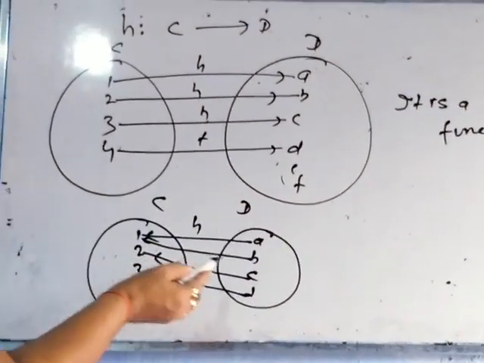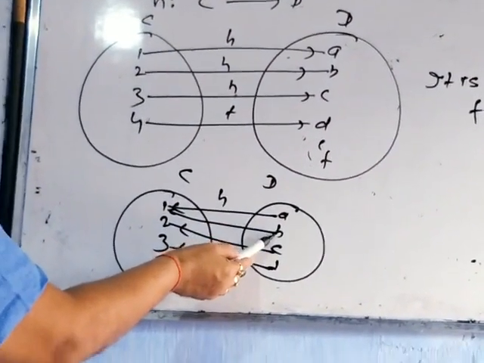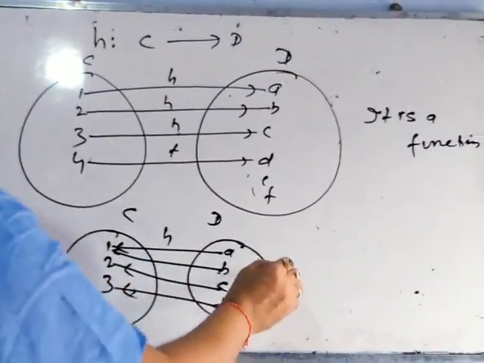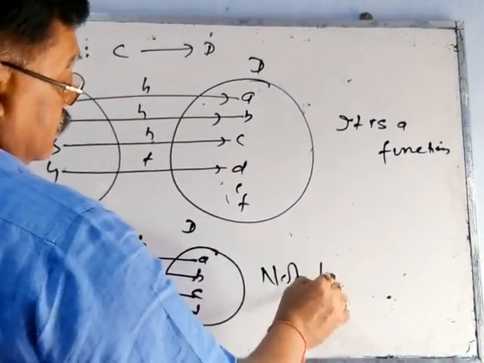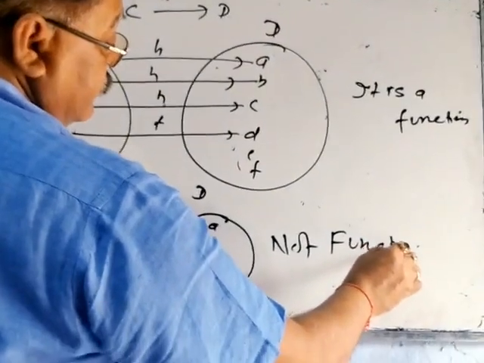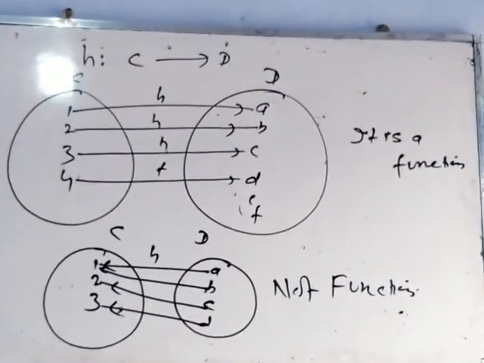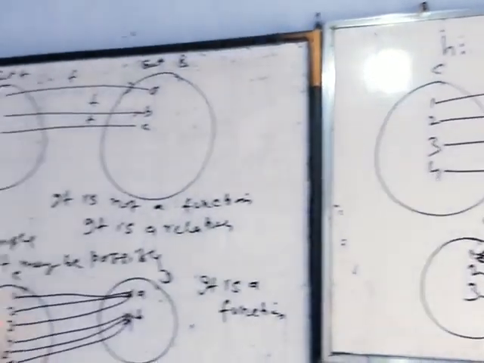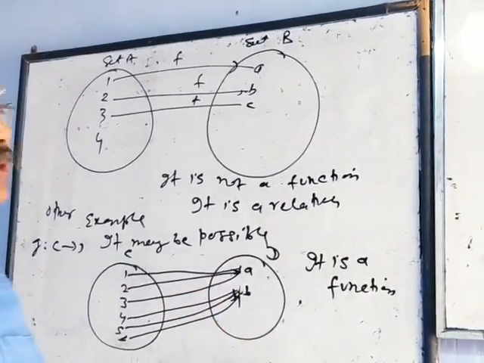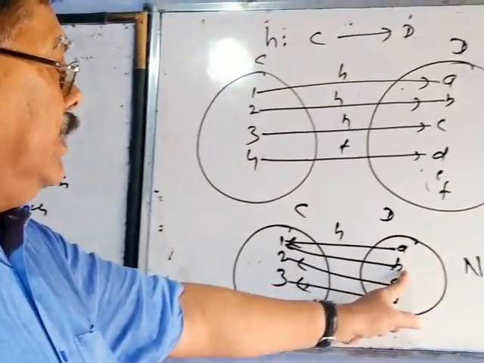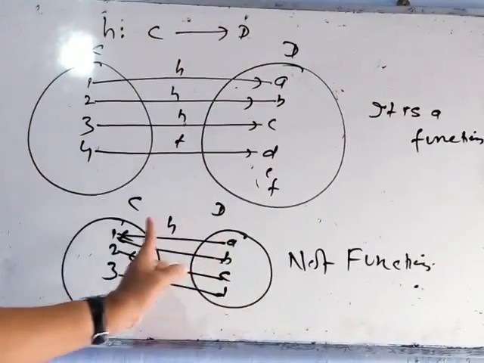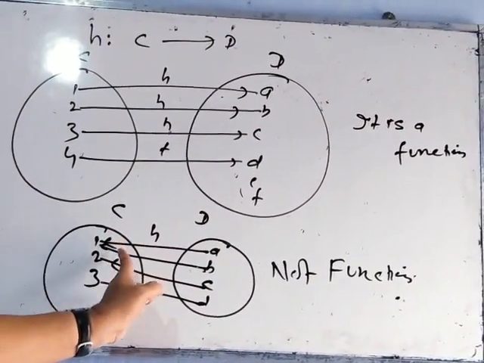Here no two elements of set D can be related with one element of C. Not a function. Student, more than one element of C may be related with one element of D, but more than one element of D cannot be related with one element of C. It is not a function, it is a relation.